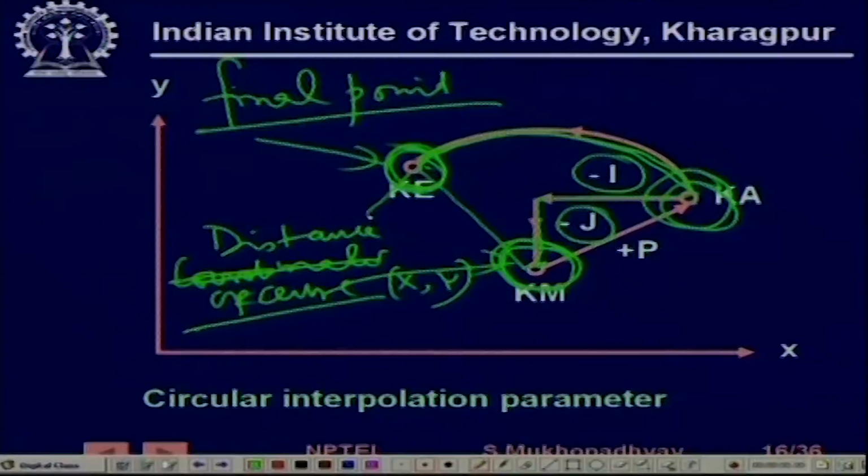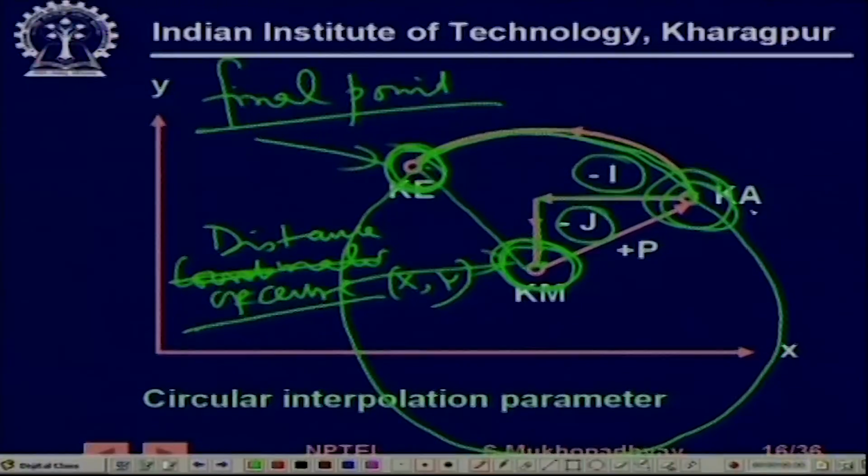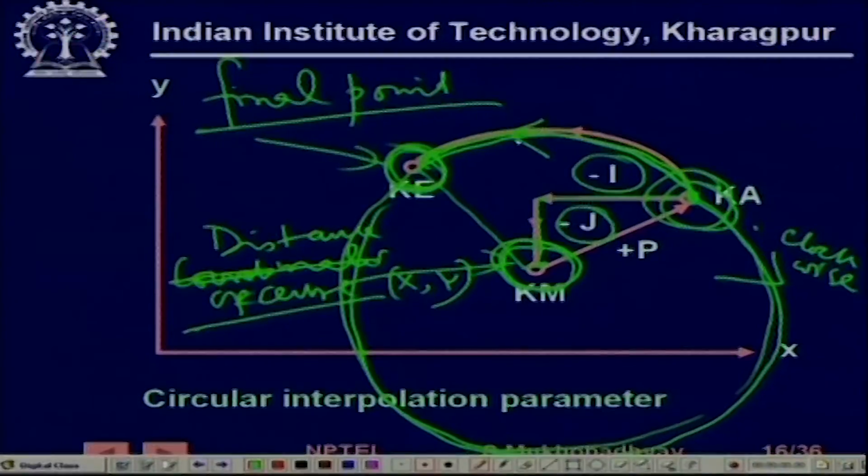You can draw the circle either way. This is the start. If you want to draw this circle, you will go this way, which is clockwise. If you wanted to draw the other circle, you will go anti-clockwise. So it needs to be mentioned whether the circle has to be drawn in the clockwise or anti-clockwise direction.